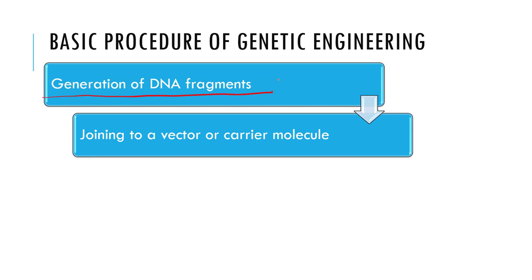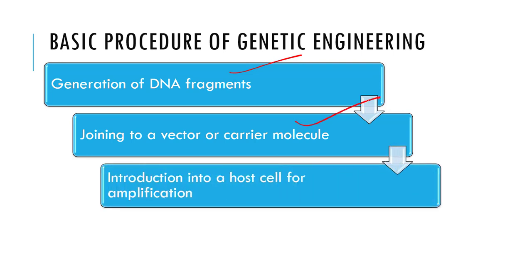So we take only those genes or that part of the DNA in which we are interested, and we break it down into fragments. Next, that DNA fragment is joined to a vector. What is a vector? It is a carrier molecule that carries our DNA molecule. So we take the DNA fragment and join it to a vector, or carrier molecule.